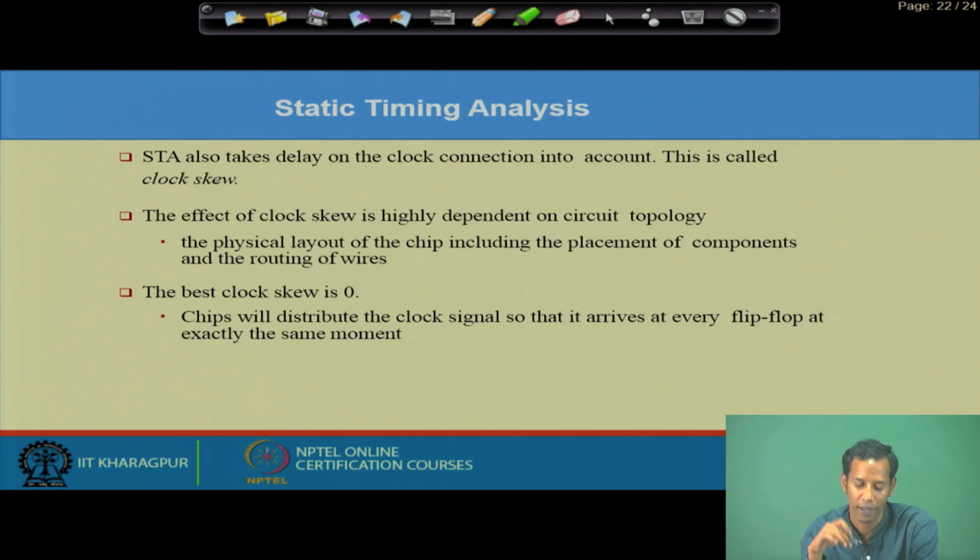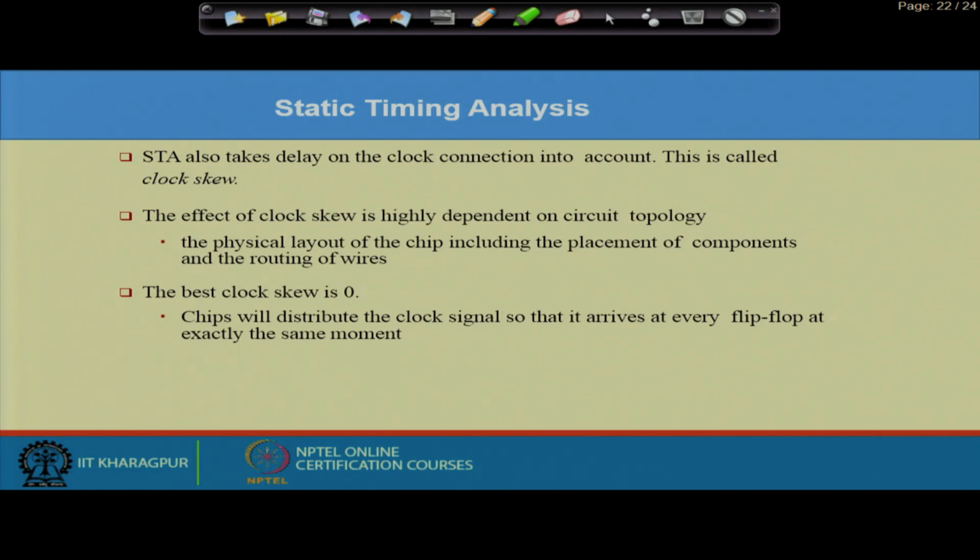Why is the effect of clock skew highly dependent on circuit topology? It depends on where the sequential elements are placed relative to the clock pin, that is, how much path the clock has to traverse; depending on that we can calculate the delay, or the amount of skew.